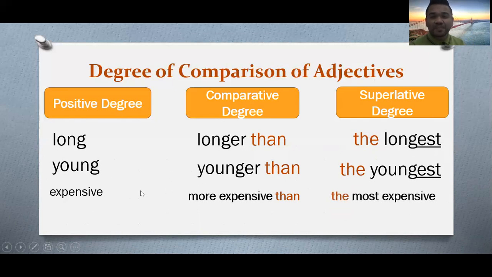In superlative degree, if the adjective has three or more syllables, you have to add the, and then you have to add the word most. So again, you have to add the word the and then most. Expensive, no need to add est. If the adjective has one syllable you add est, but with three or more syllables, no need to add est. Instead, you have to add the most and the adjective alone. Easy.